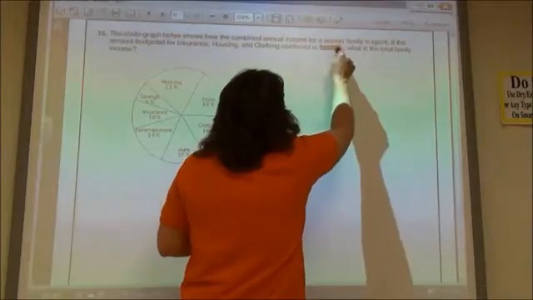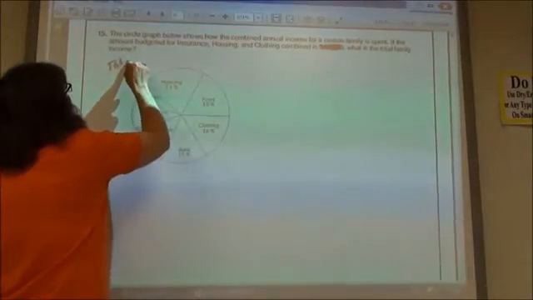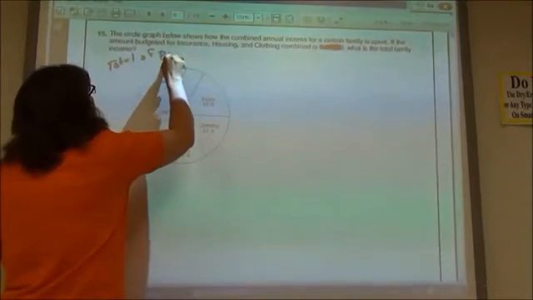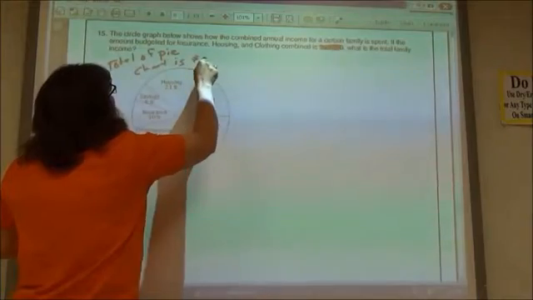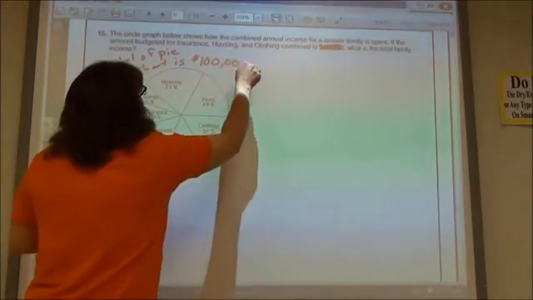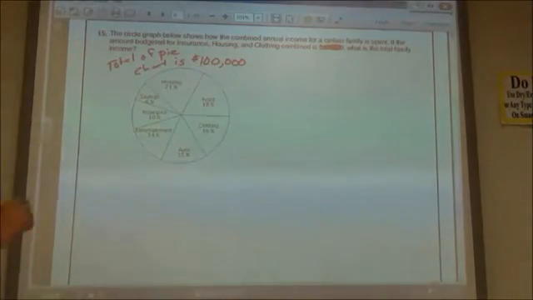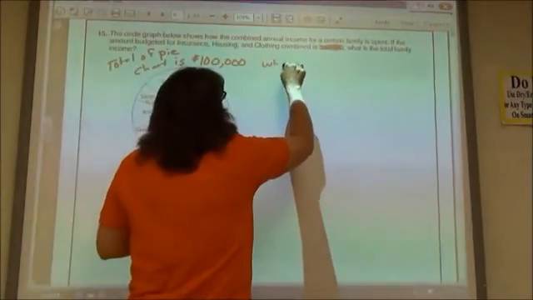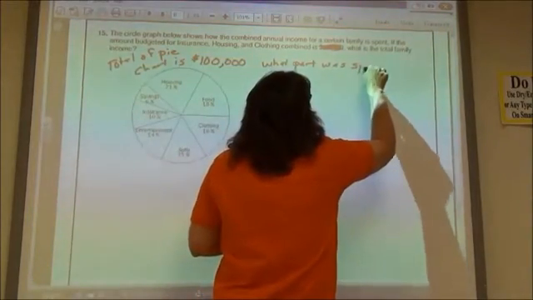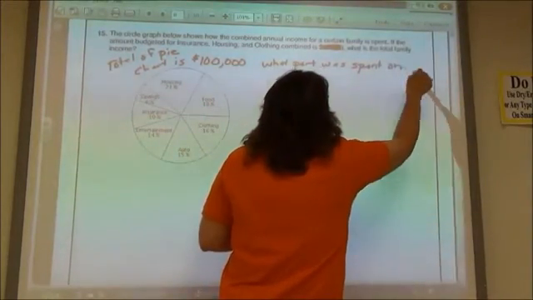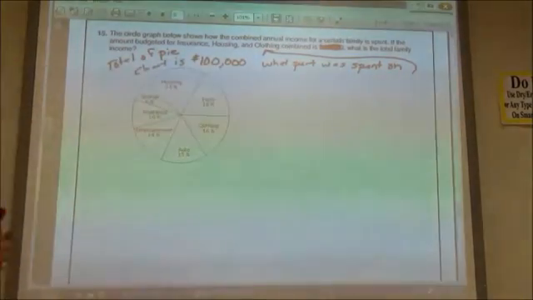Pretend you don't know that that's there. We're going to say the total of the pie chart is $100,000. We want to find what part was spent on these three things: insurance, housing, and clothing.